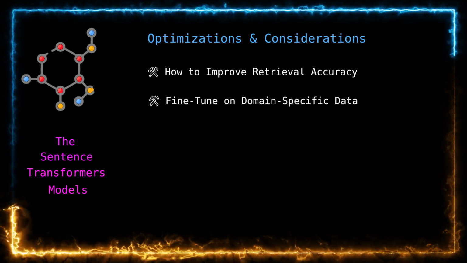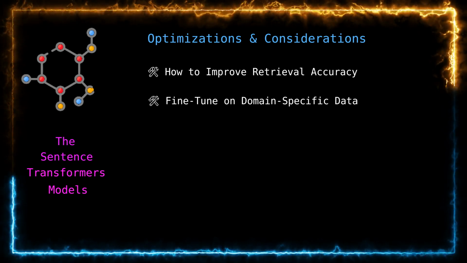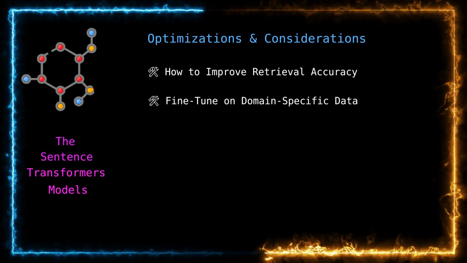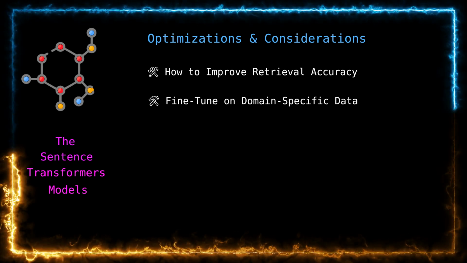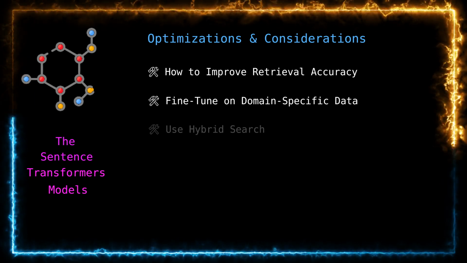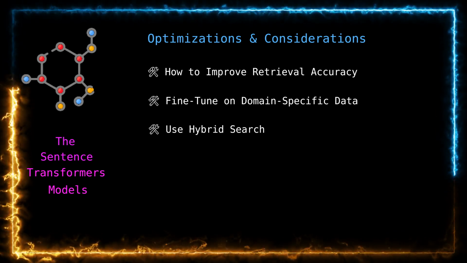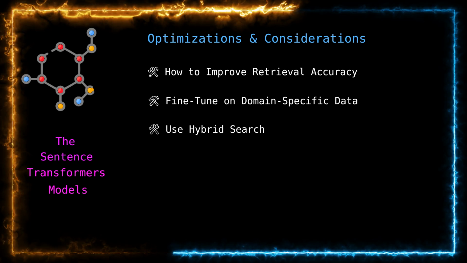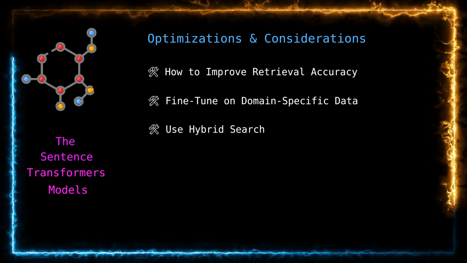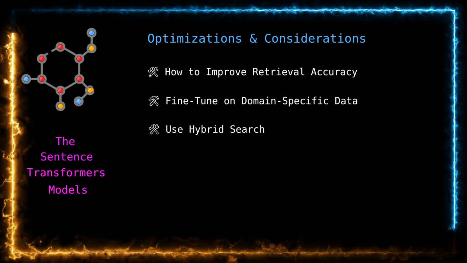Training sentence transformers on custom datasets can significantly improve accuracy for specific tasks such as legal, medical, or technical applications. Use hybrid search. Combine keyword search with semantic embeddings to enhance relevance. This approach works great in search engines, document retrieval, and recommendation systems.